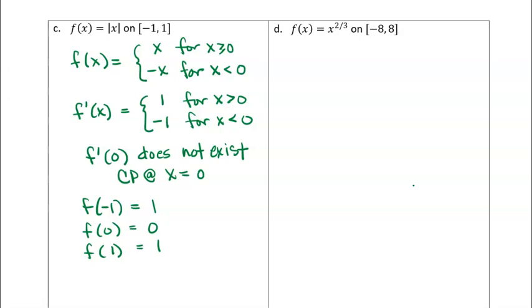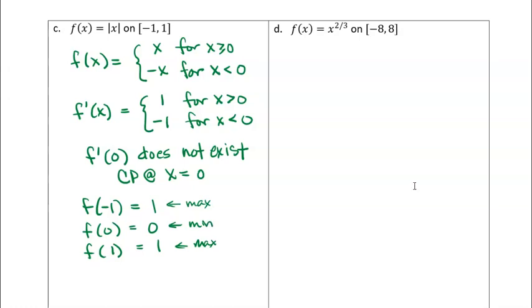So you can see this is a maximum, this is a maximum, and then this is our minimum.